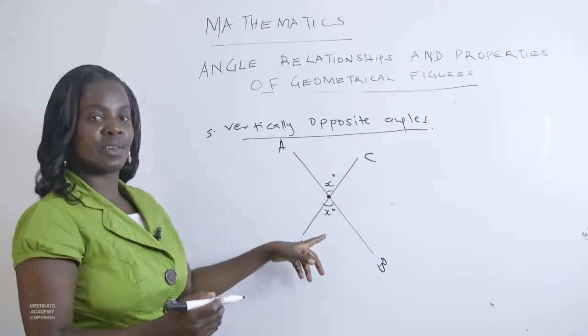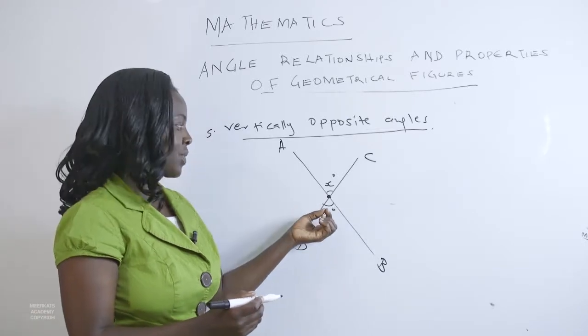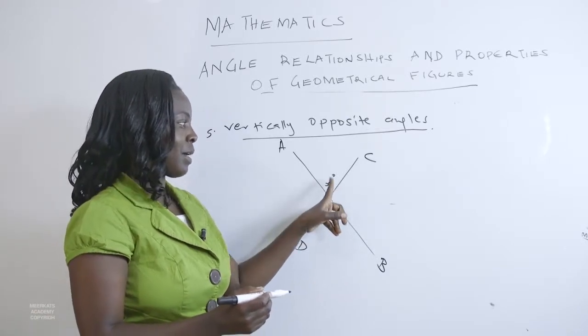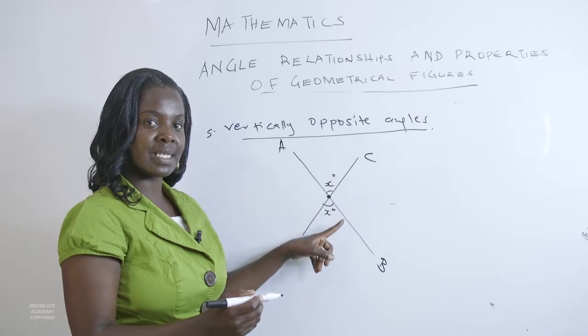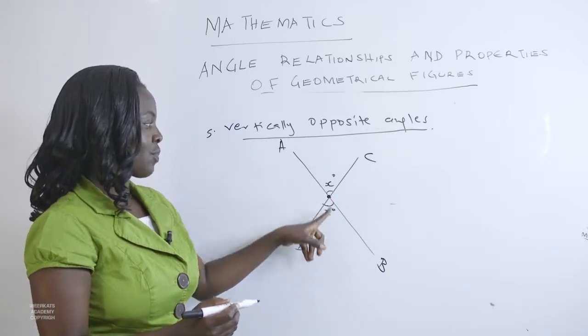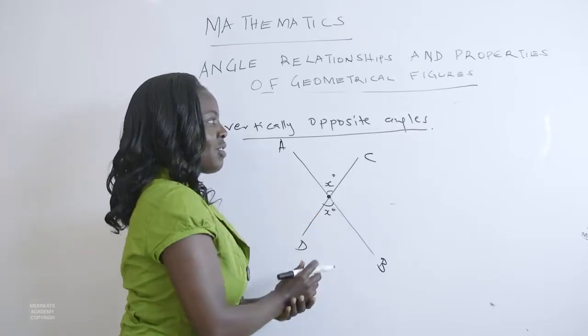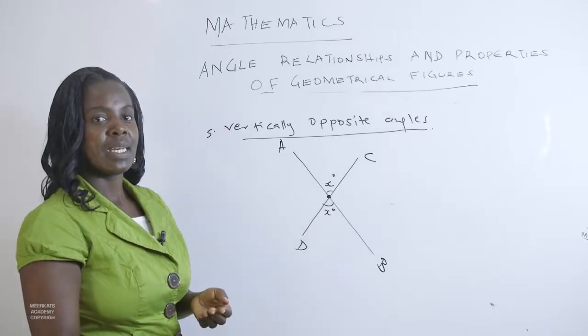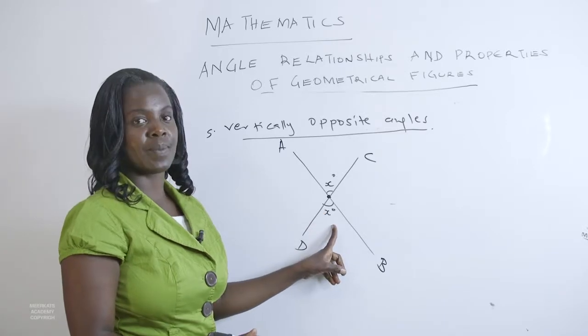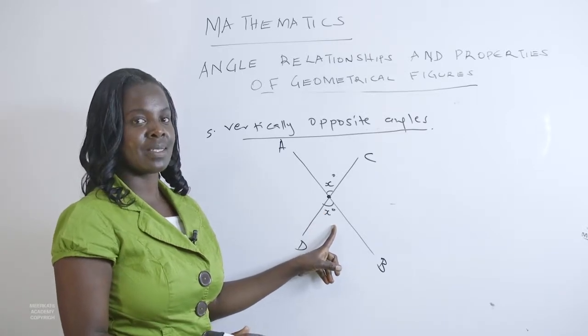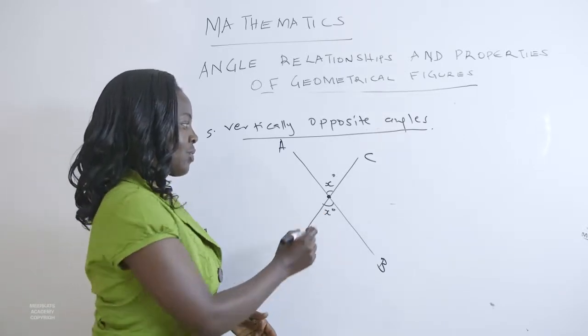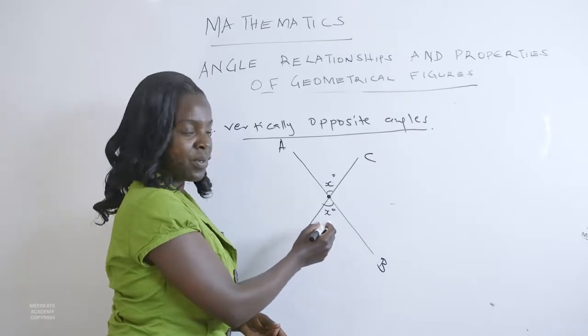So vertically opposite means they share a vertex, but are opposite. When we have vertically opposite angles, these angles are equal. That's why we are putting X here and also X here.